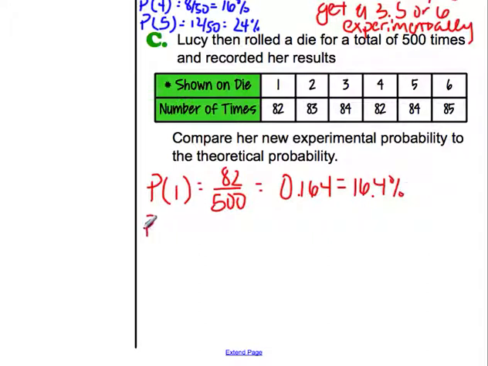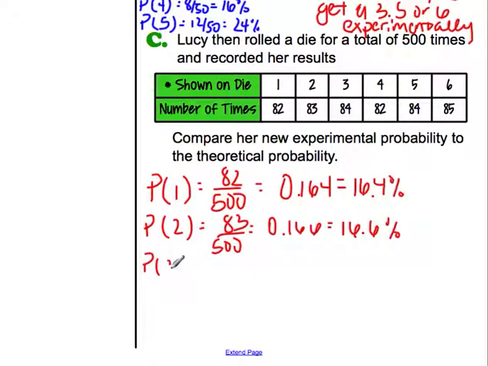The probability of getting a 2 is 83 out of 500, or approximately 0.166, or 16.6%.